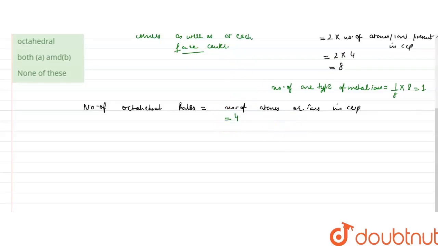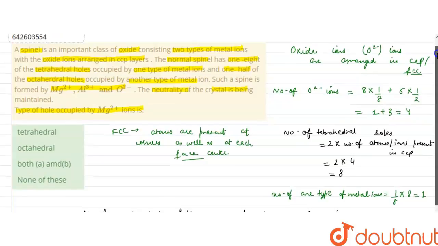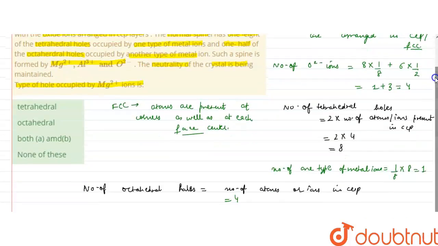It is given that half of the octahedral holes are occupied by the other metal, and total octahedral holes are 4, so the number of the other metal ions is 2. Now it is given that the spinel structure is formed by Mg2+, Al3+ and O2-.